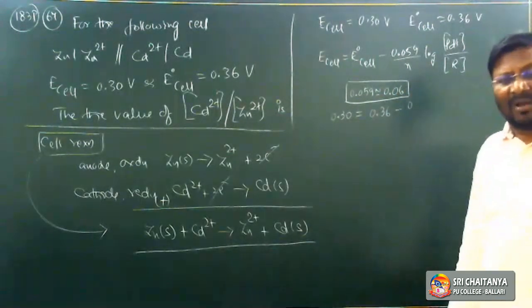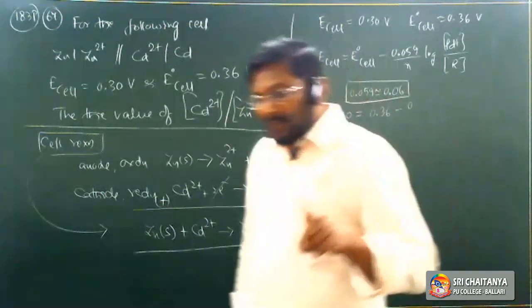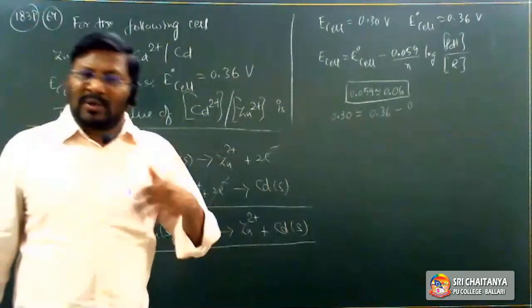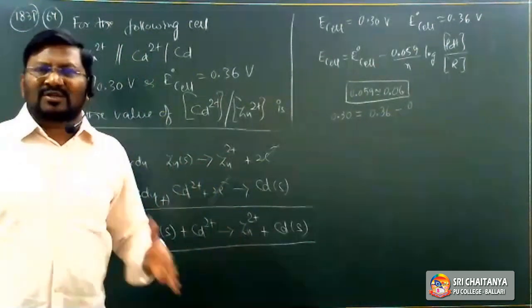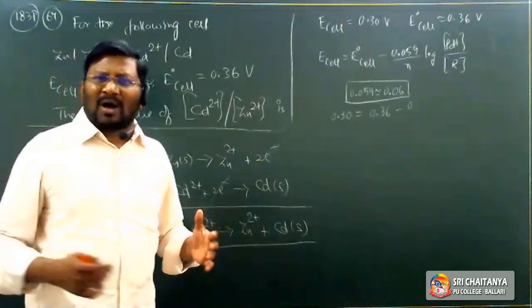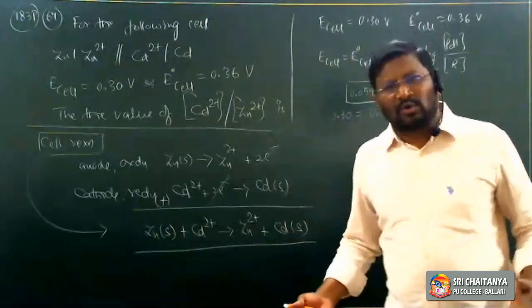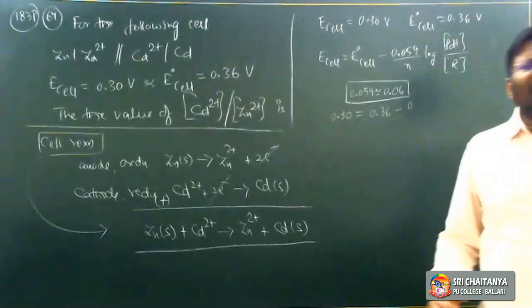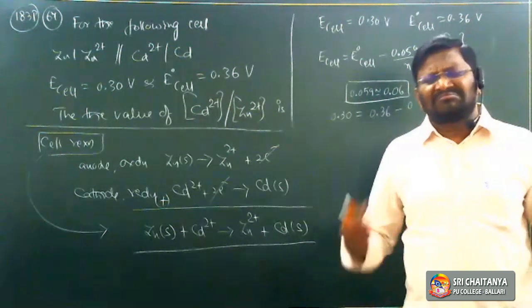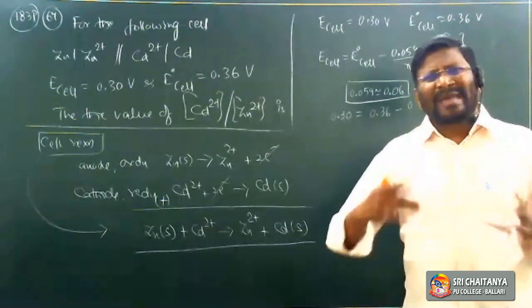Please remember, all of you students, while doing competitive examinations, suppose Avogadro's number is there, 6.022 into 10 power 23, we approximately take 6 into 10 power 23. Very fast we take it and do the calculations.